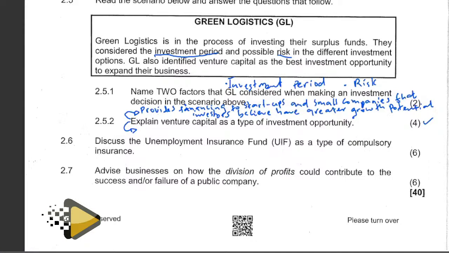potential. And also, if you still remember, we said that financing comes in the form of private equity and as a form of expertise.